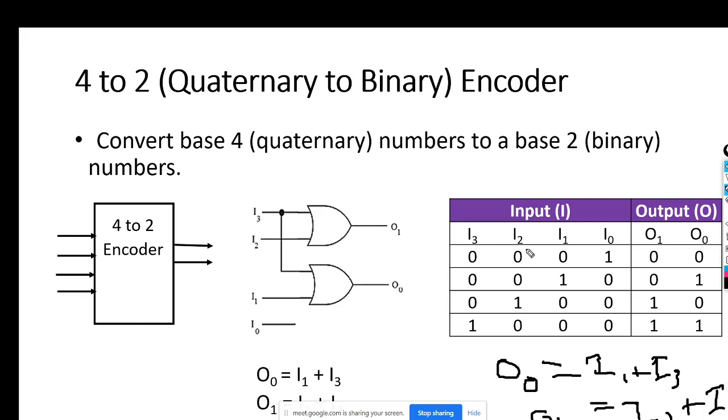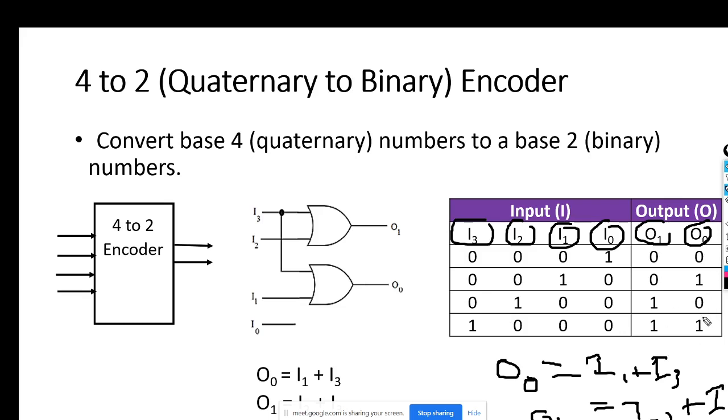Now if you draw the truth table for different input combinations, remember we have 4 inputs, I0, I1, I2 and I3, and 2 outputs, O0 and O1. You can substitute these values into the formulas and get O1 and O0.